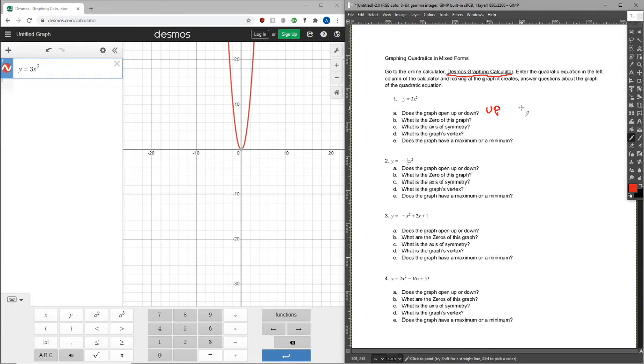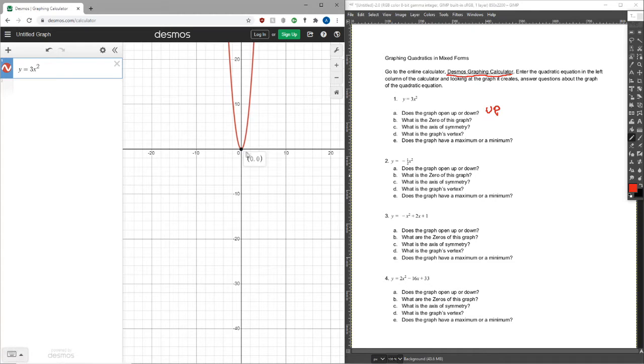Okay. Now, what is the zero of the graph? Lots of times you might have more than one zero, but in this case, the zero happens where the graph crosses the x line. And I am going to just put a dot right there. That is the zero of the graph. That's the only place where it crosses the x line.